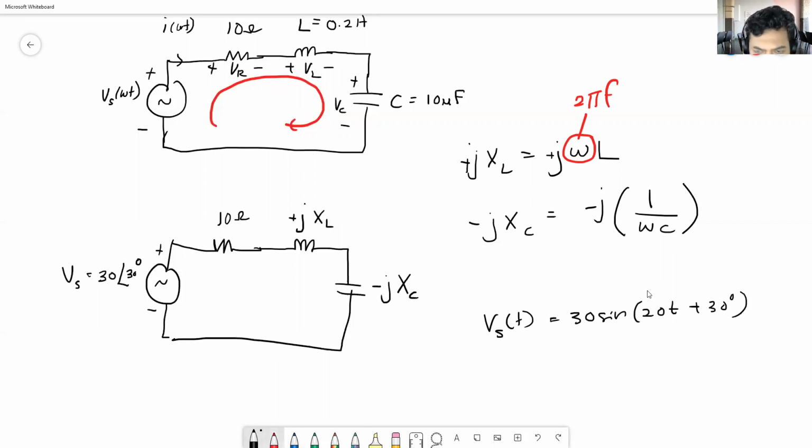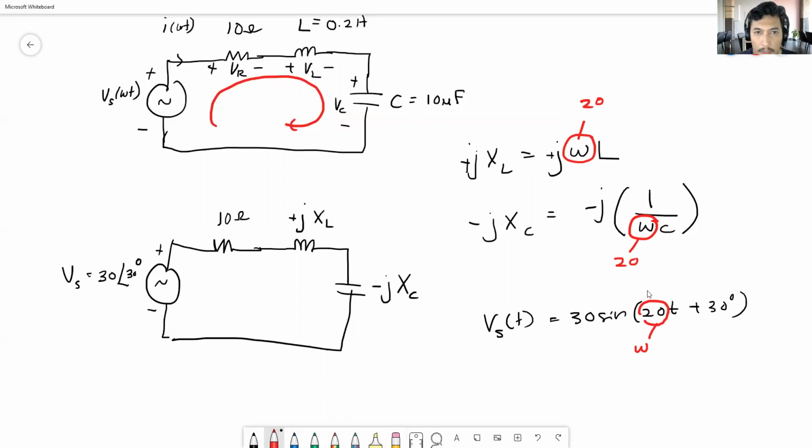So actually, this one is your omega. Okay, so you can write down your omega as a value of 20.